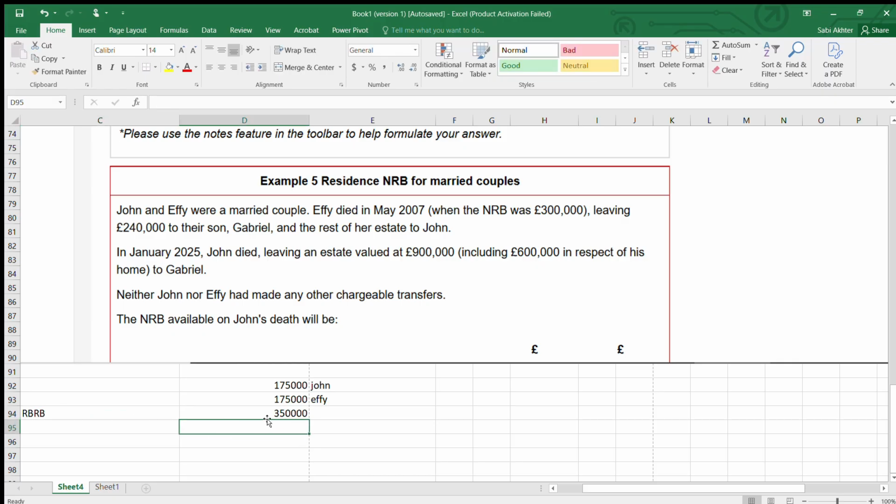Now we are moving on to the nil rate band of John. John will be having his own 325,000. You have to work on the Effie.